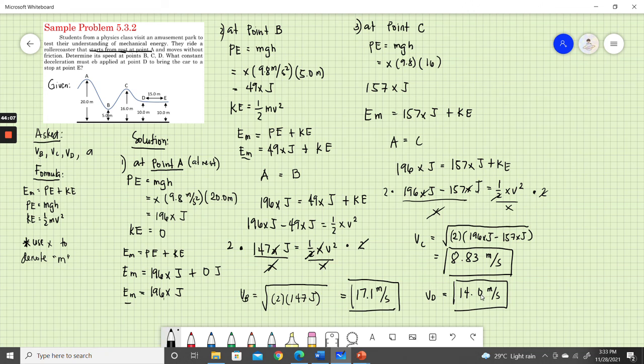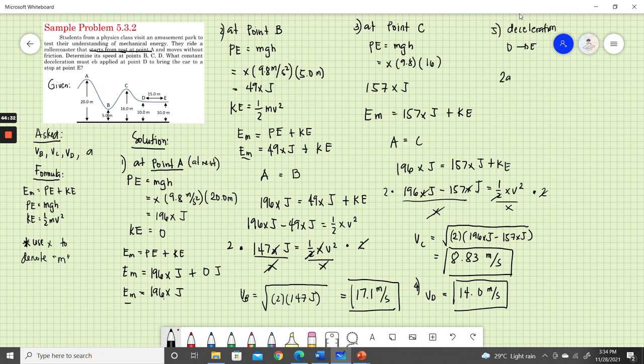And lastly, in order for us to find, so this is the fourth. And then fifth, in order for us to find the deceleration from points D to E, you just have to use the kinematics equation.